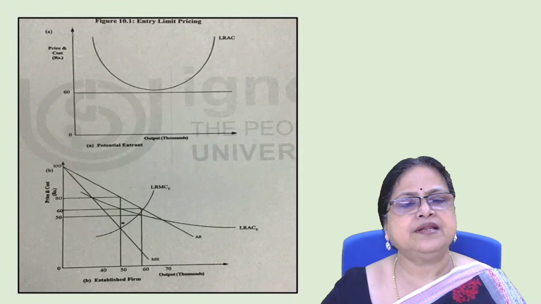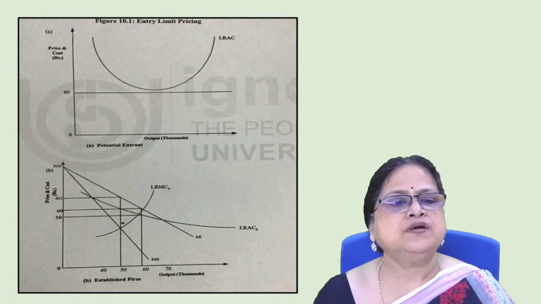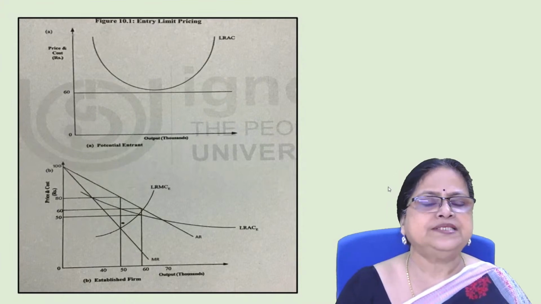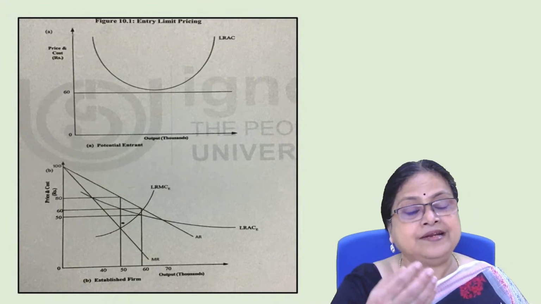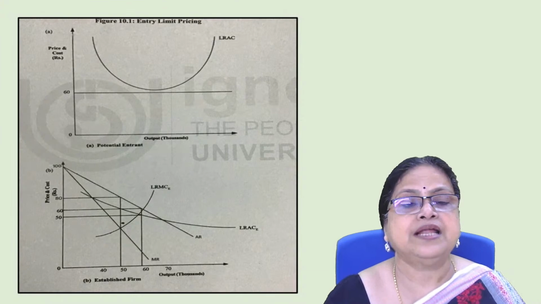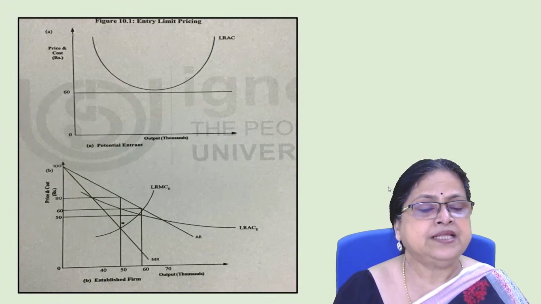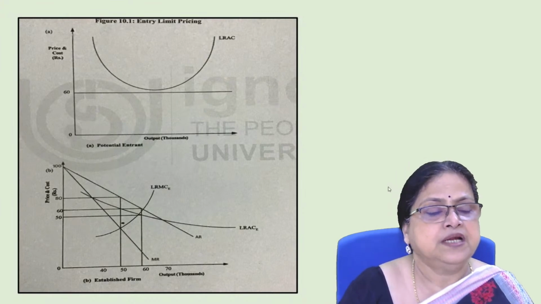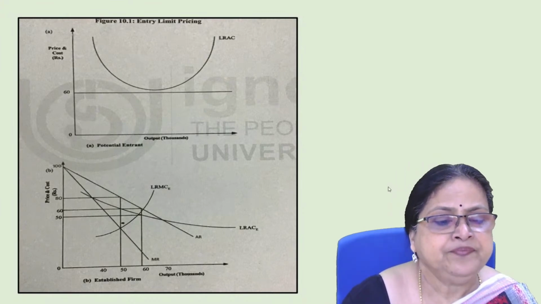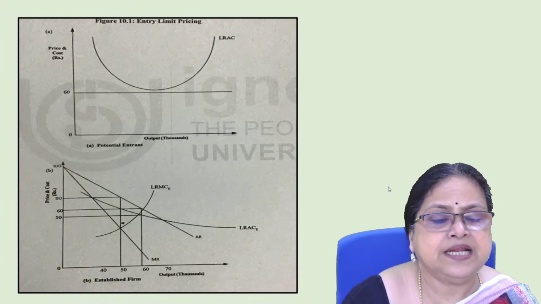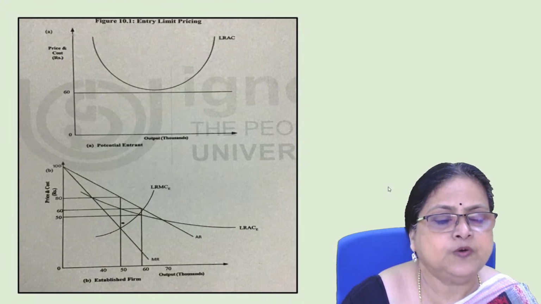This is the graph here. Long run average cost curve: 60 is the price, and number one is a potential entrant. For the potential entrant, the long run average cost curve is above 60. And look at the second one: when the price is 100, then long run marginal cost is equal to MR at 50,000 output.